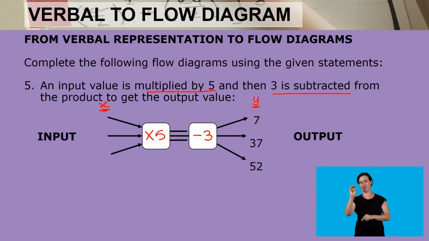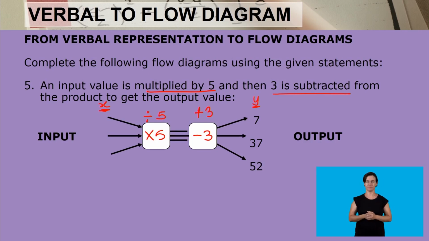To start with, the additive inverse of -3 is +3. And the multiplicative inverse of multiplying by 5 is 1/5, which is the same as dividing by 5.